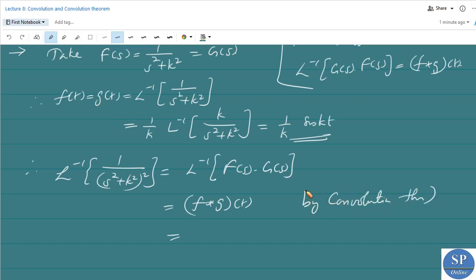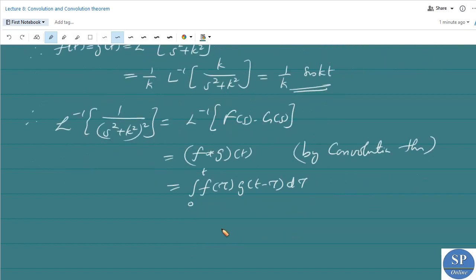By the convolution theorem, this is equal to integral 0 to t f(tau) g(t minus tau) d tau. This is the convolution of f and g. We have f(t) and g(t) as 1 by k into sine kt, so we have to replace that.